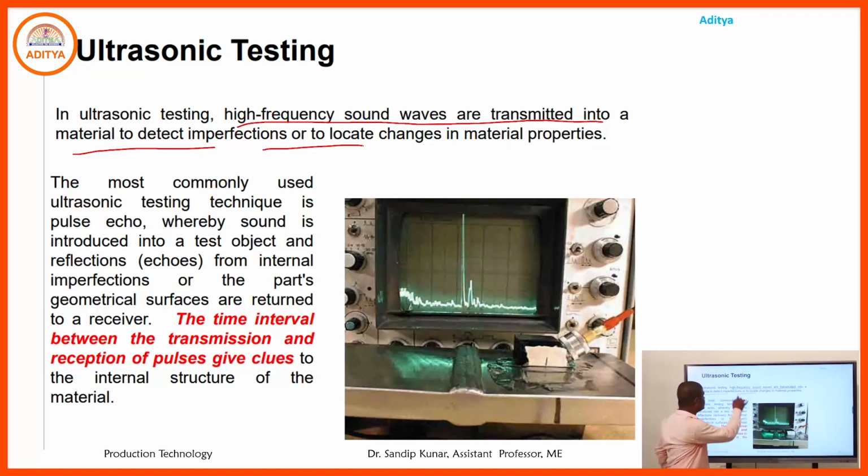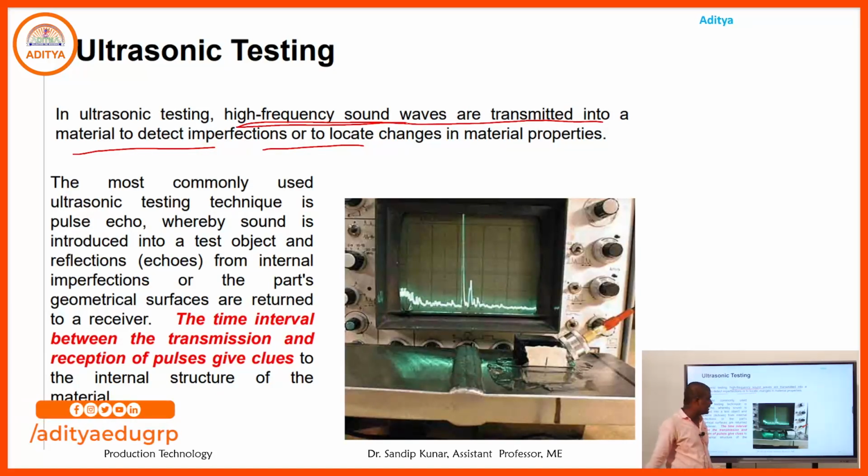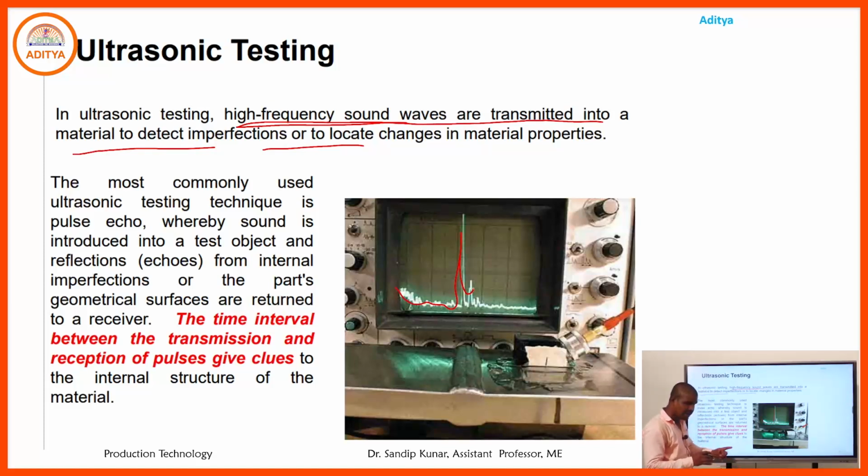When we supply the high frequency sound wave and it passes through the welding joint, a certain type of wave will be created. When any flaw or problem is present in that particular weld joint, a very long type of wave will be generated, which means the wave will be deflected.